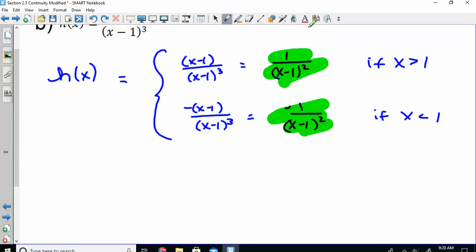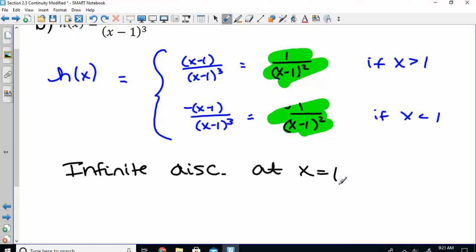All right, so when I write this without the absolute value, I get down to these. Is there anything I can do to cancel that x minus 1 on the bottom? No, it's just a 1 on top. The bottom doesn't cancel out, so that means it is an infinite discontinuity at positive 1. Because it's still on the bottom of the fraction, so it's still going to be an asymptote.